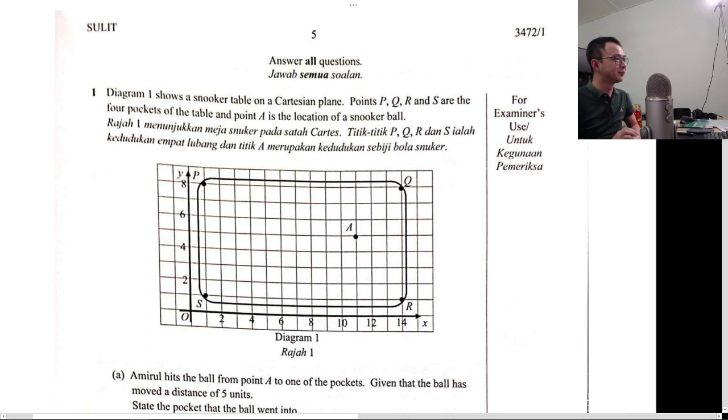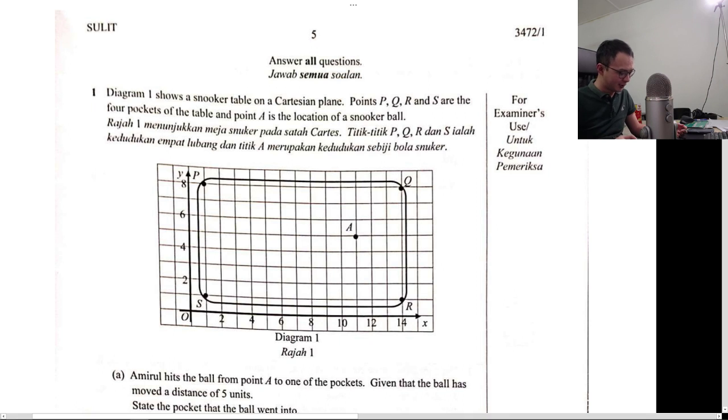Diagram 1 shows a snooker table on the Cartesian plane, with PQRS. PQRS are the 4 pockets of the table, and point A is the location of the snooker ball.